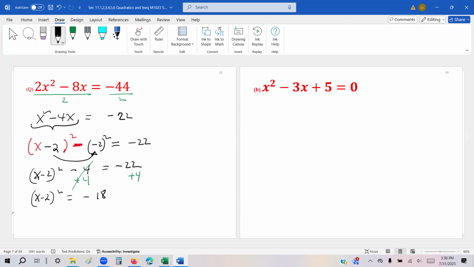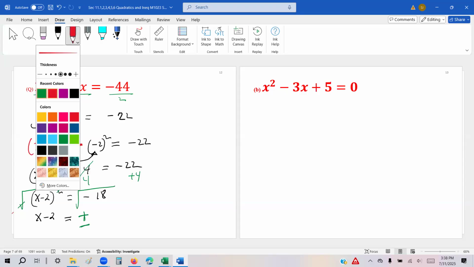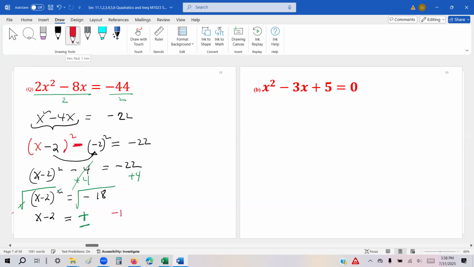Like before, we need to take the square out, so we apply the square root on both sides. Square root and square cancel out. We get x minus 2. And we have to have a plus minus here because we take the square root of a variable. Now you can break down the 18 into three pieces: -1, 9, and 2.